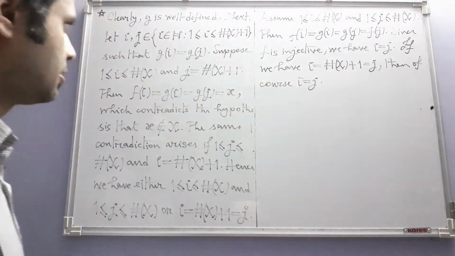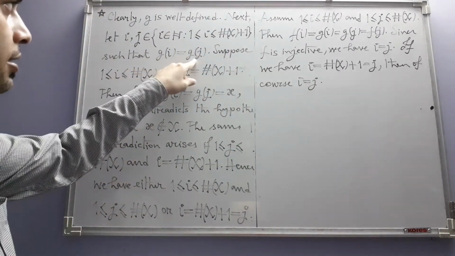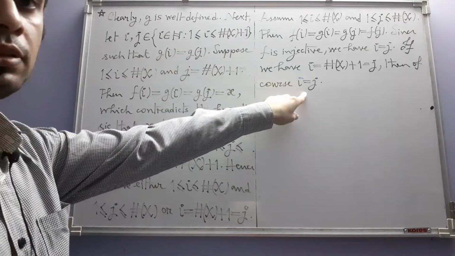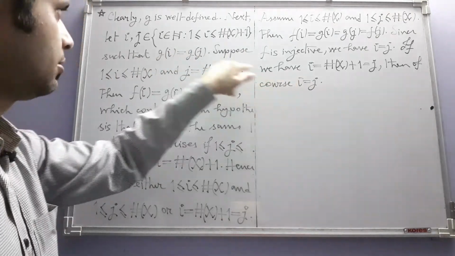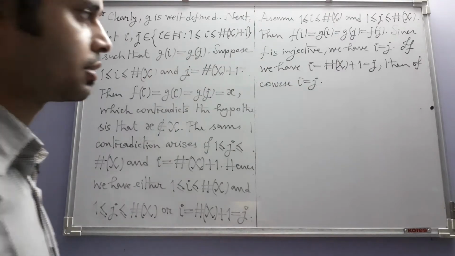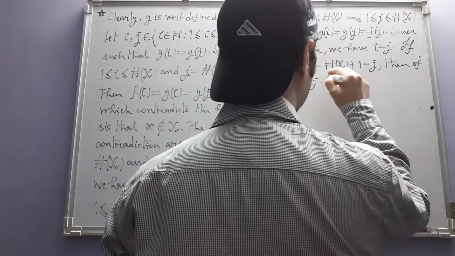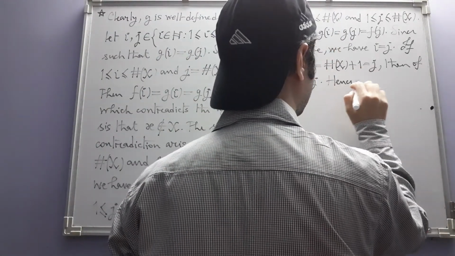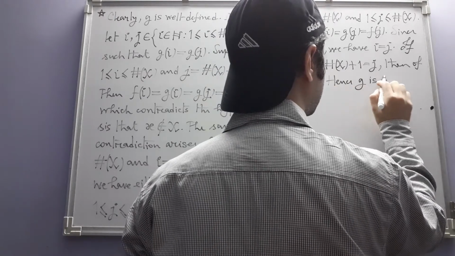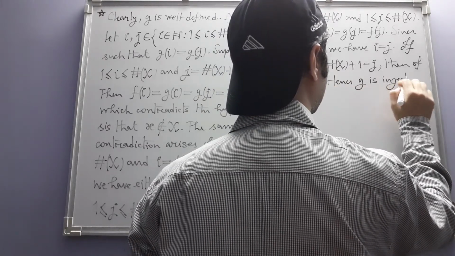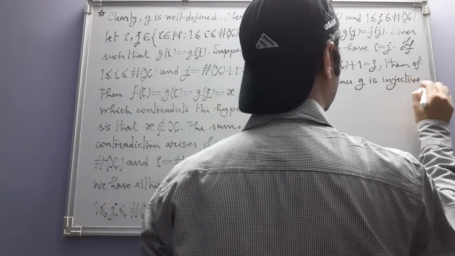So in any case, this assumption leads us to the conclusion that I and j are equal. That's why g is a one-to-one function or injective function. Hence, g is injective.